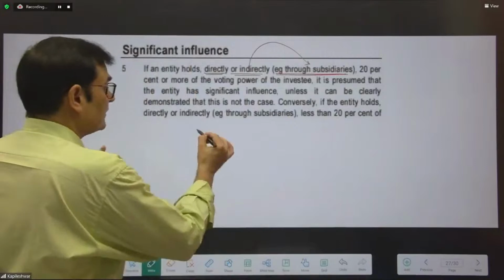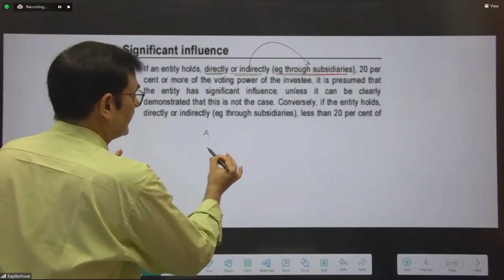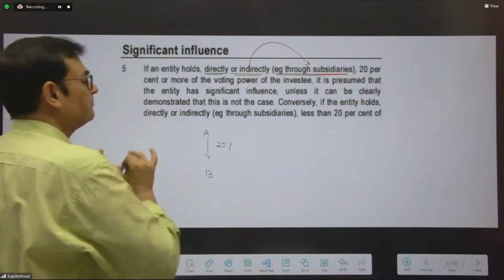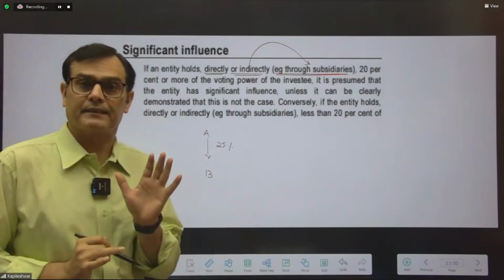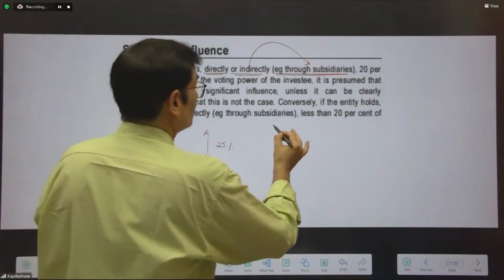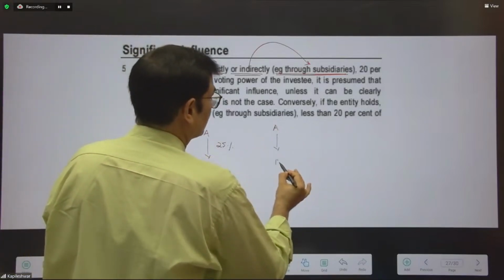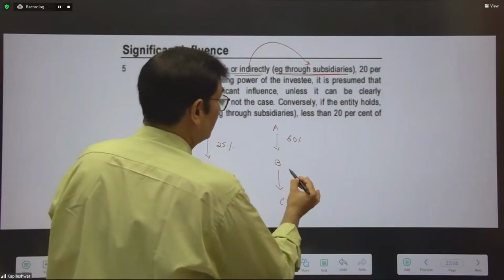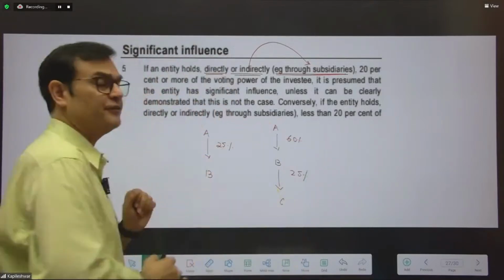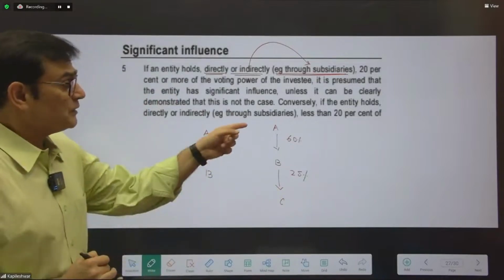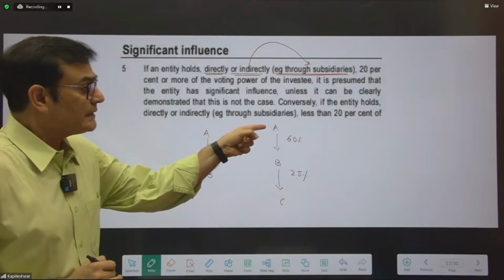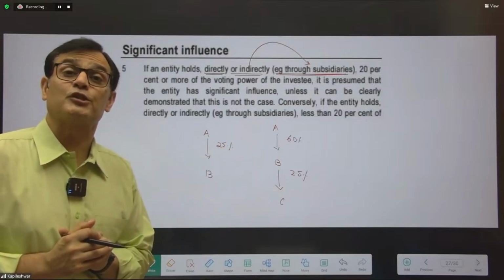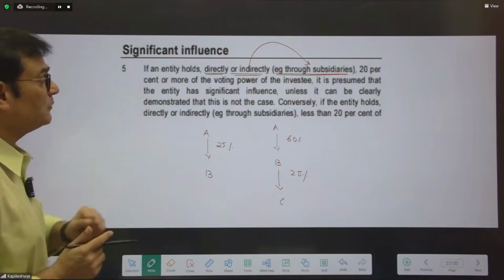For example, for direct, I can say A has, let's say, a 25% stake in B. And there is another situation where A has control over B, let's say a 60% stake, and B has a 25% stake in C. So I would say this is a case where A, indirectly through a subsidiary, has significant influence over C. And the first case is direct.